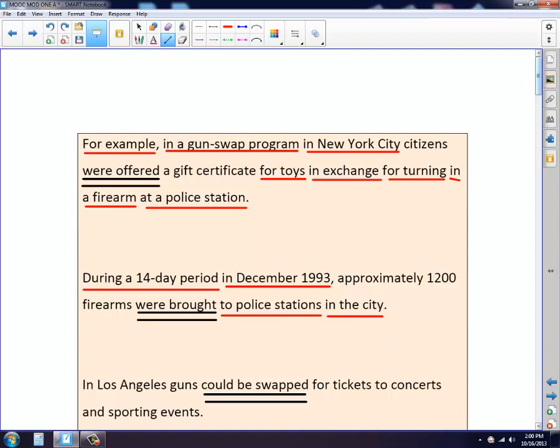In Los Angeles, guns could be swapped for tickets to concerts and sporting events. In Los Angeles, for tickets, and to concerts and sporting events are all prepositional phrases.